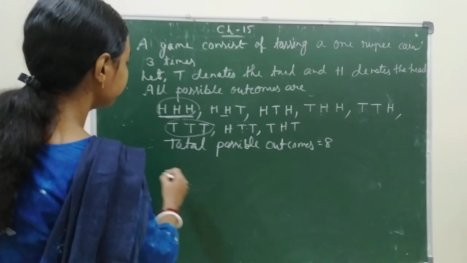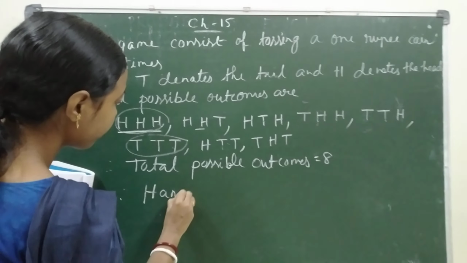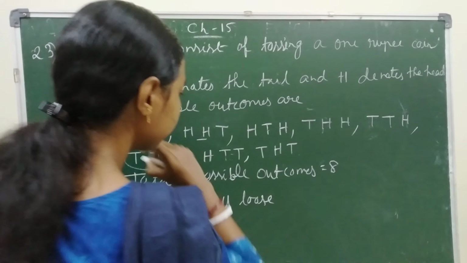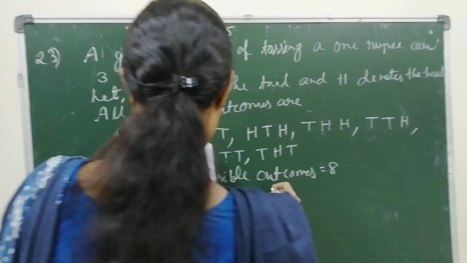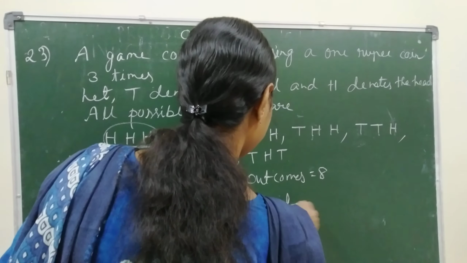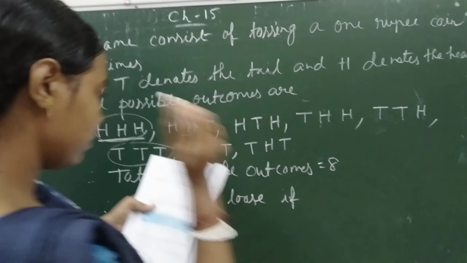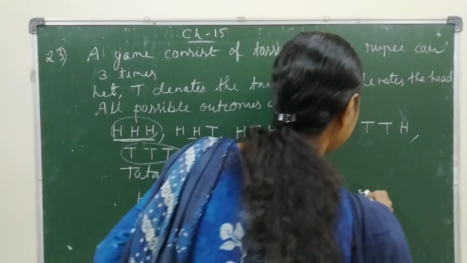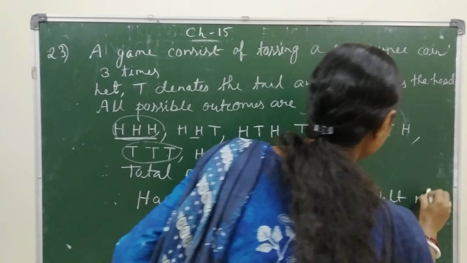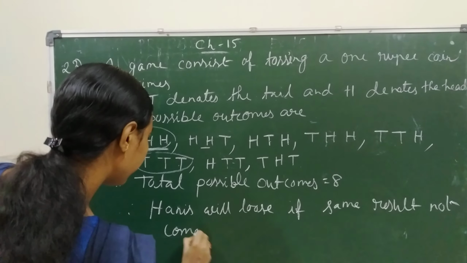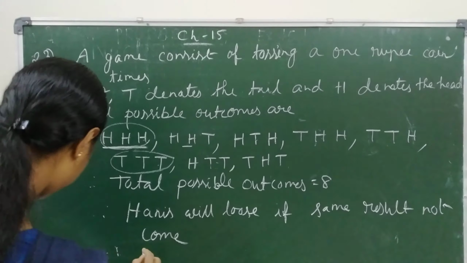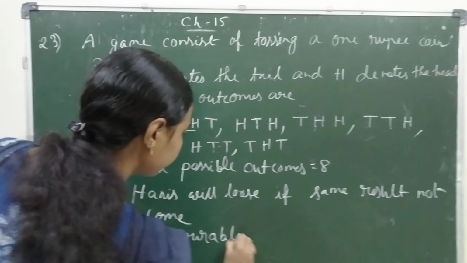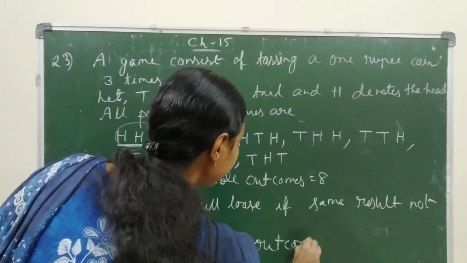Okay, so write: Honey will lose if same result does not come. Therefore, favorable outcomes equal to how many cases?